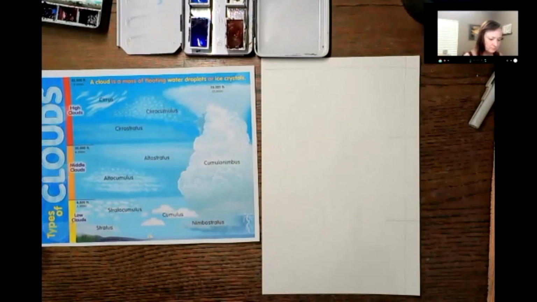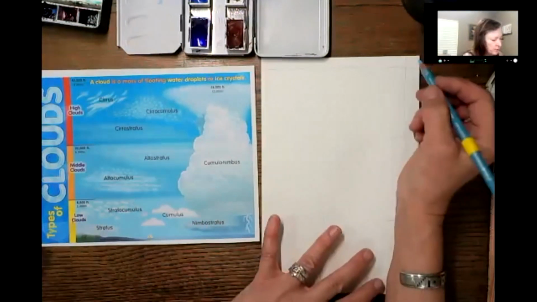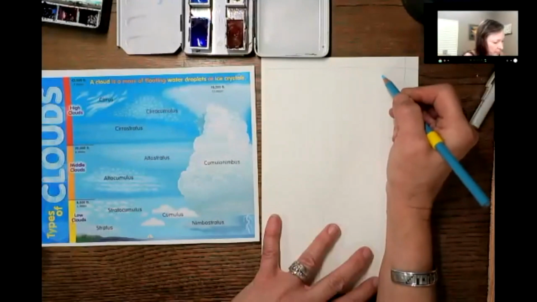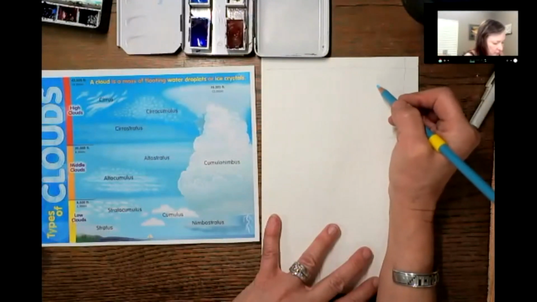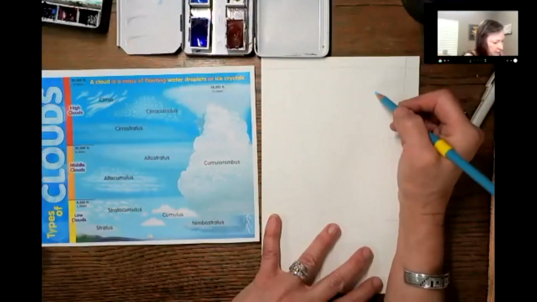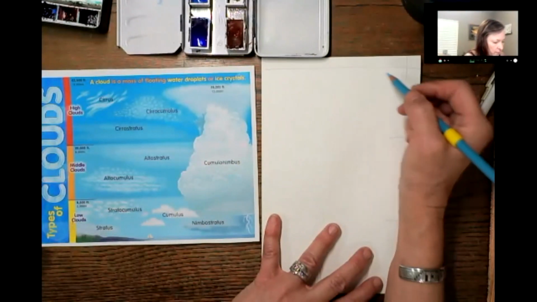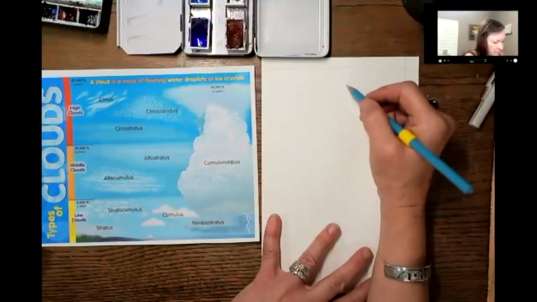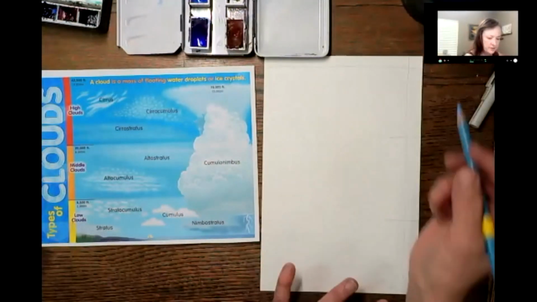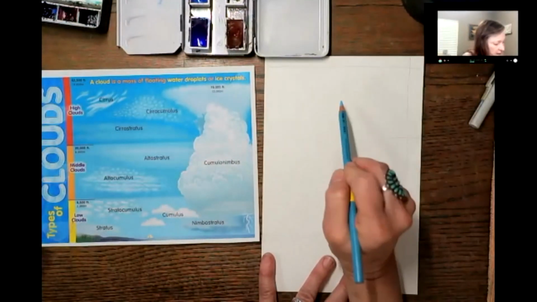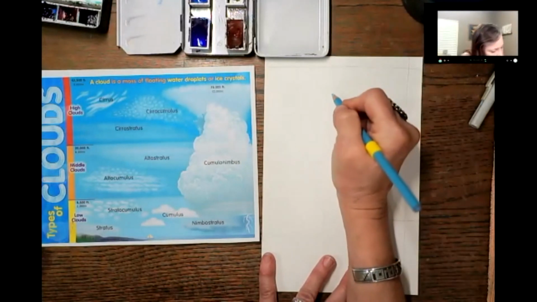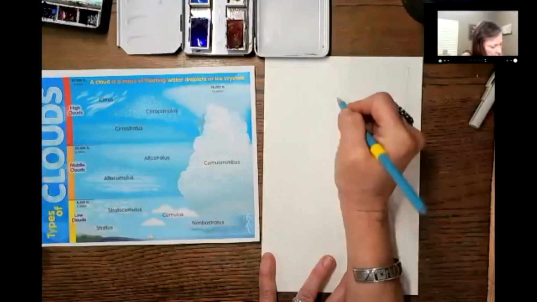And then let me just show you, we're going to do this cirrus. I'm not going to get all the way through this because this took hours to do. You have to go slow and take your time so you get a really nice wash.